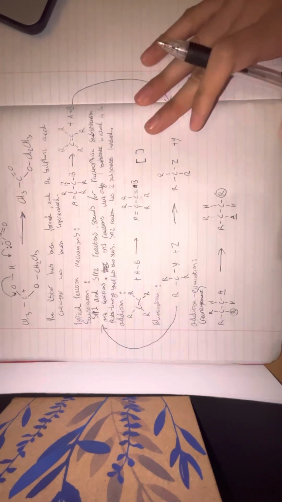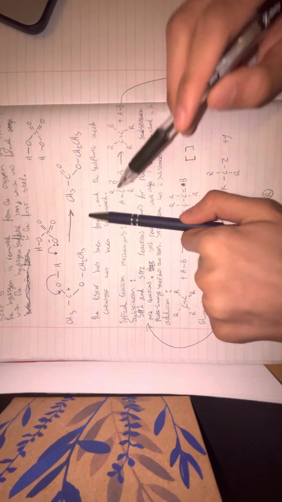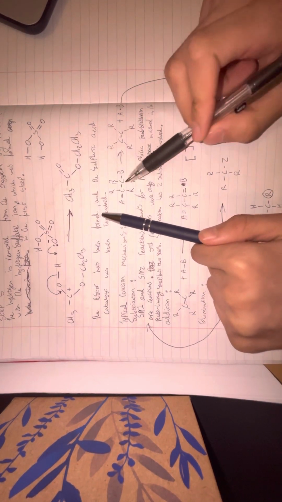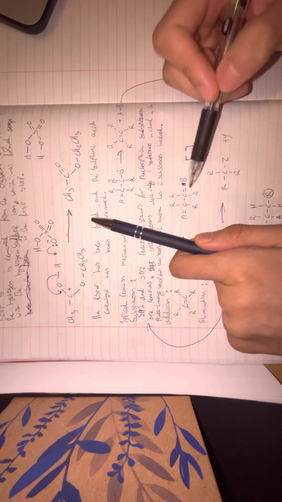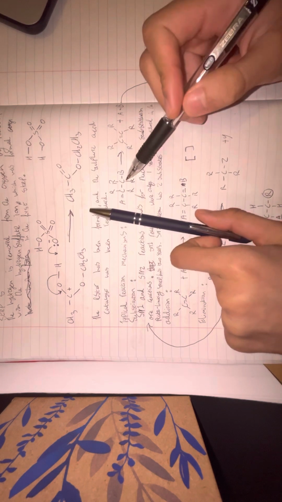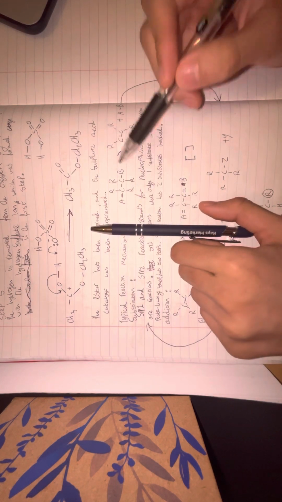Okay, so with elimination, it's my fault for not doing it right. Elimination is here. We have a molecule like from before. This one, the same molecule, goes through a state where it doesn't want the A and the B any longer.